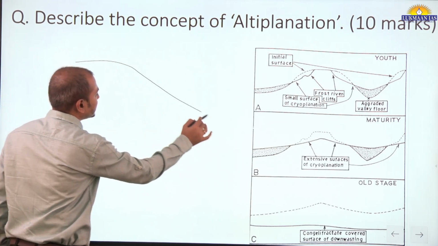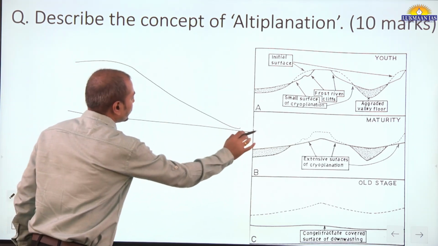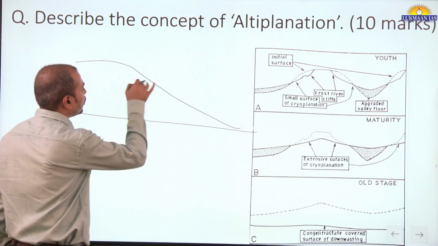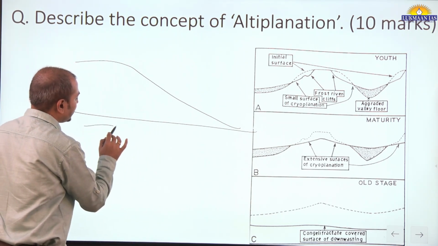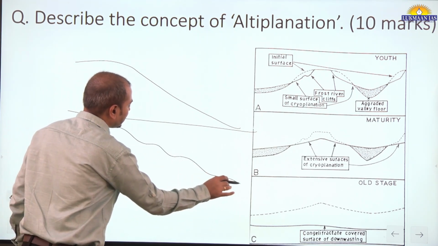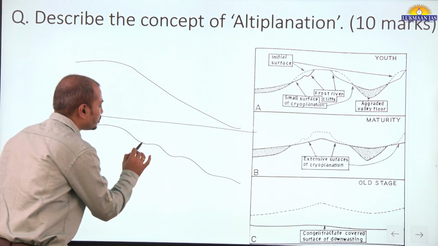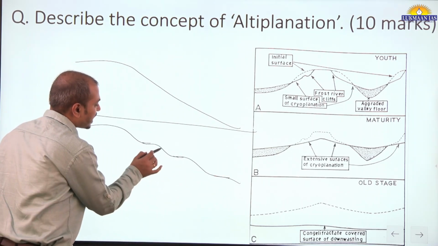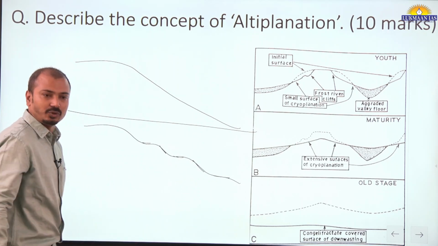Suppose initially this is the slope of the mountain. Now, over a period of time, this slope is converted like this. So small planes are being formed initially, and you can see the scarps are steep slopes.